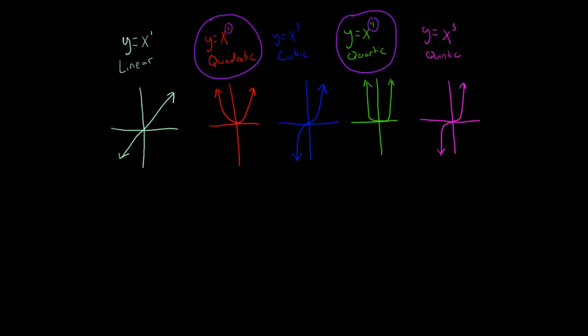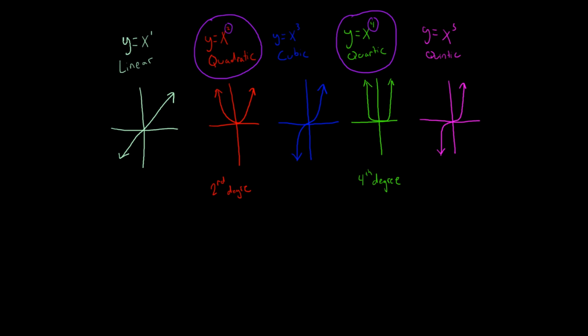These exponents are actually called degrees. The quadratic function would be a second degree function. And as you could probably guess, the quartic function would be called a fourth degree function.